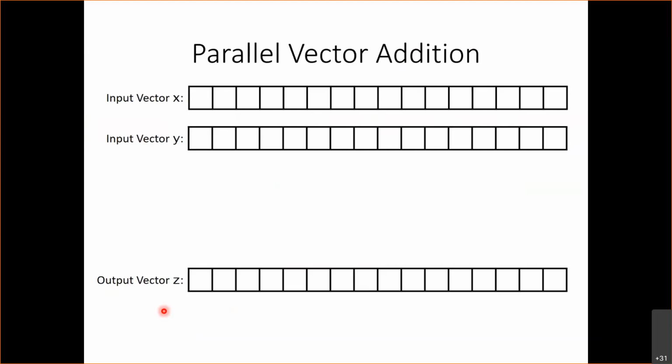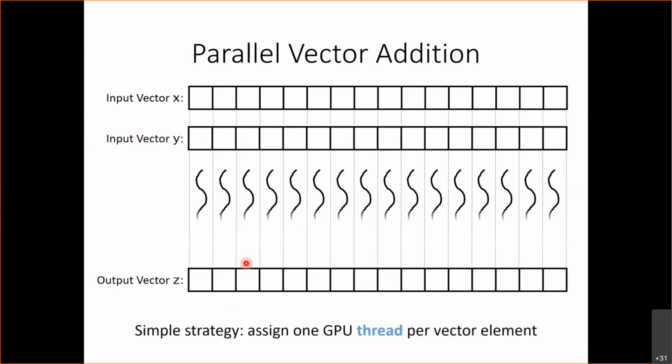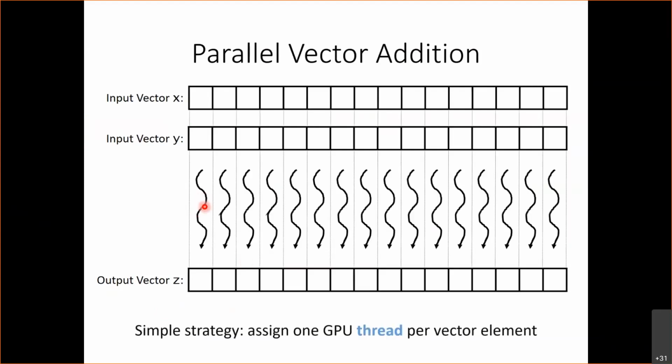Right, exactly. So I can just launch as many threads as I have elements in my array, and then I can have every thread be responsible for adding one of these elements and storing the result. So I assign one GPU thread per vector element, and then the GPU thread is going to load two elements and store the output result.